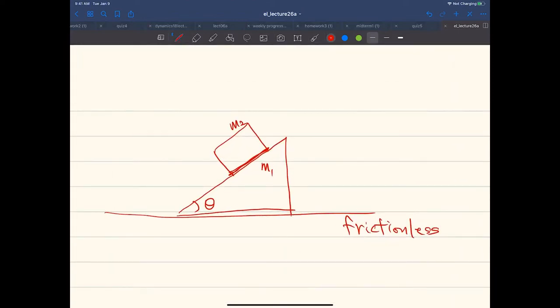And also the contact is frictionless. Alright, so obviously we have gravity in that direction. Then what do you expect? Let's assume that there is no initial condition. You just hold it and release it. And what happens?